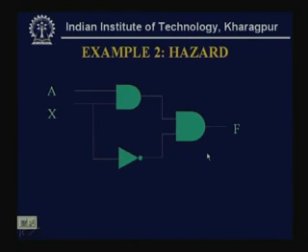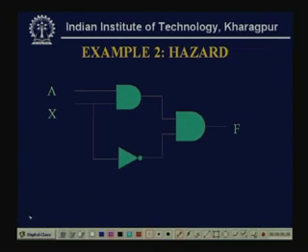Now, again if we take another small example, say one AND gate whose inputs are A and X, and another inverter where simply X is being inverted. So, this is my output X complement, here this is my X, and this is AX.